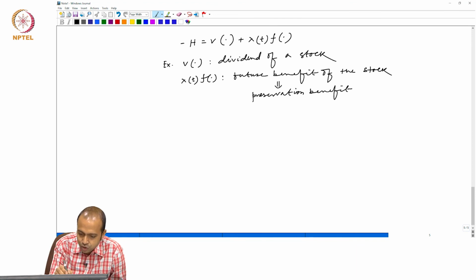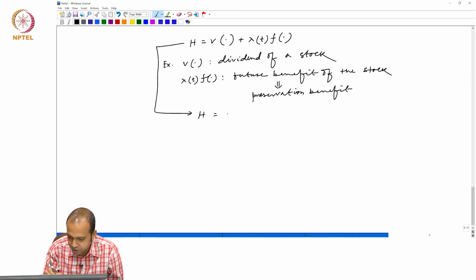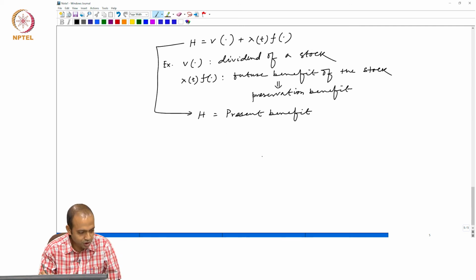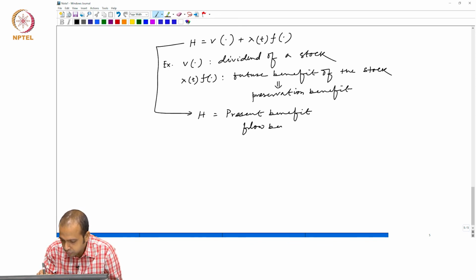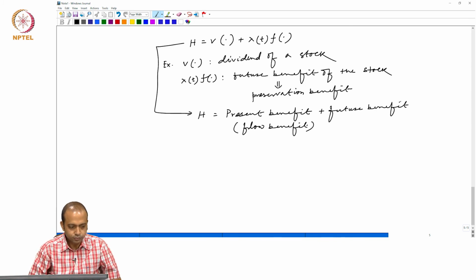So in total we can write that H is equal to the summation of present benefit, which is the flow benefit, and future benefit, or preservation benefit.